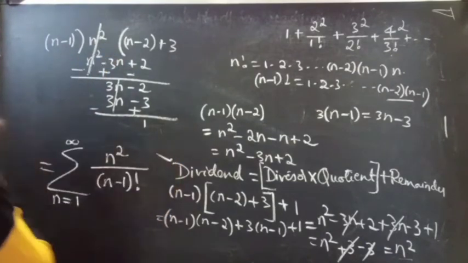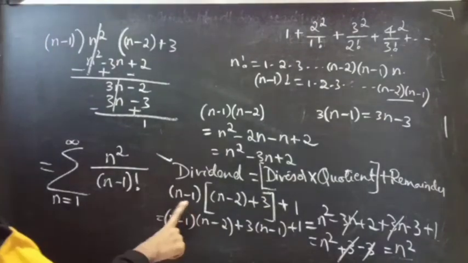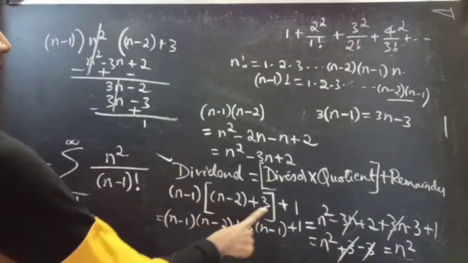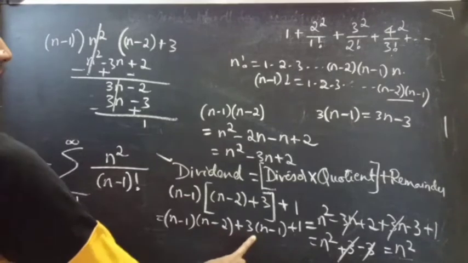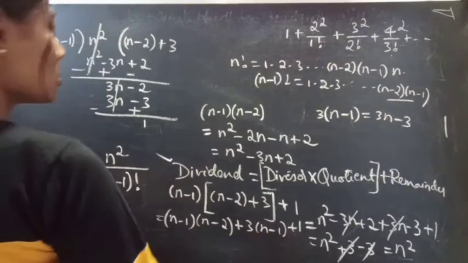Okay, so we have used this formula. And we have n square equals to n minus 1 into n minus 2 plus 3 plus 1, which is n minus 1 into n minus 2 plus 3 into n minus 1 plus 1.